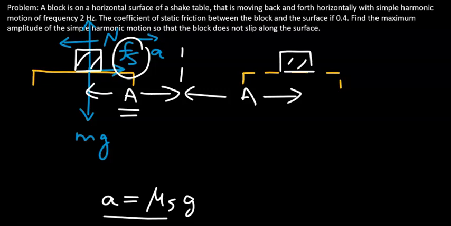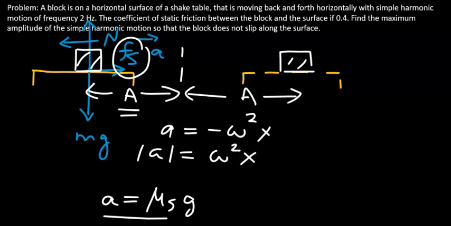We also know for simple harmonic motion, acceleration is coordinate dependent. It's given by minus angular frequency squared times that coordinate or the position. So the magnitude of the acceleration is omega squared times the position measured from the equilibrium position.